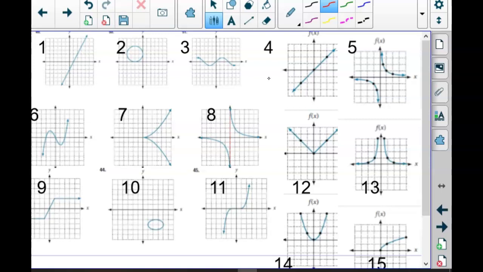Ben, can you pick one that you think has origin symmetry? Number 5, what do you think, guys? Could we turn that 180 degrees and it'll be the same? Yes, this one is odd or origin symmetry.